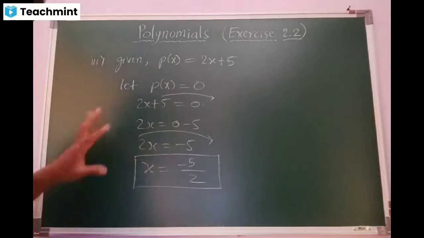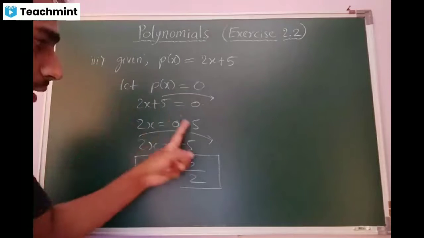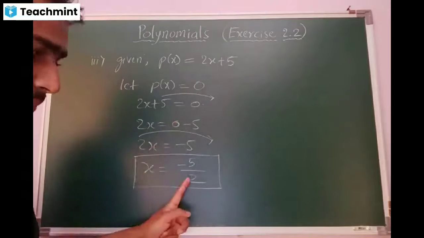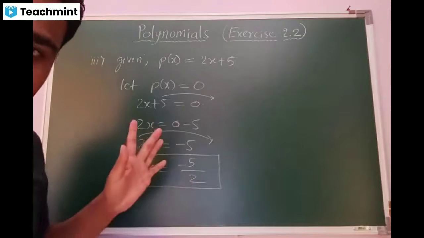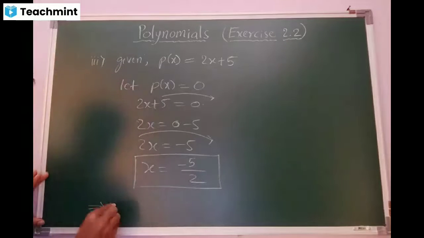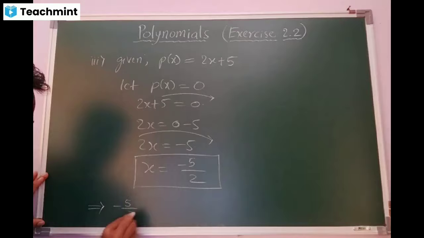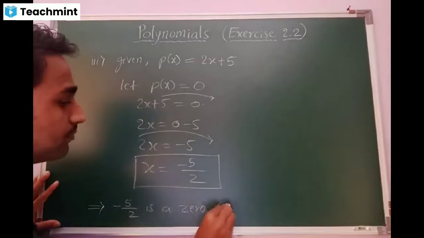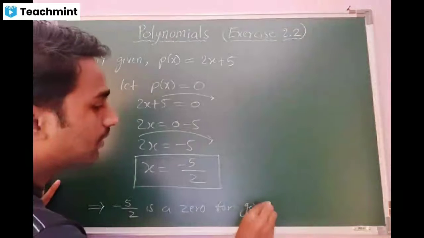Sir, what is the thing? Positive becomes negative from left to right. Then multiplication becomes a division from left to right. Hence, this is our final answer. We can write a sentence. This implies minus 5 by 2 is a 0 for the given polynomial.